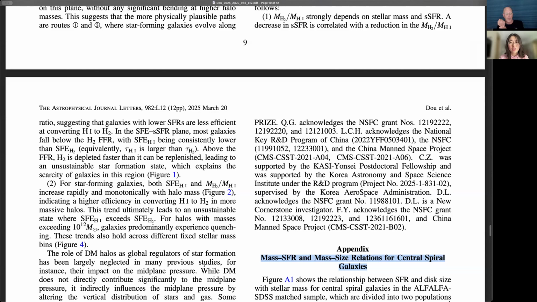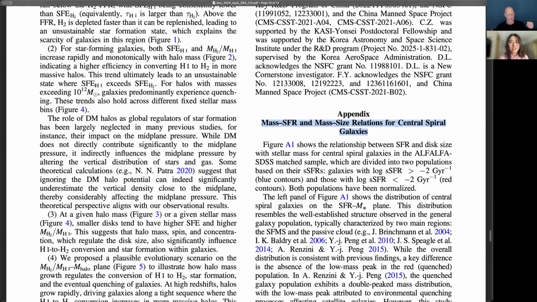Because previously, people, especially when they calculate the midplane pressure, they will always ignore the dark matter halo contribution. But actually, our observations find that this contribution can't be neglected, and it's really important in the star formation and quenching in galaxies.